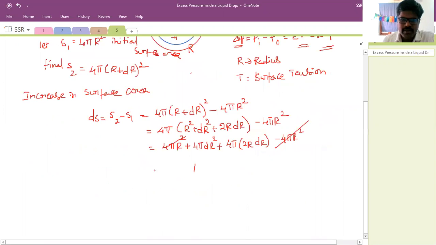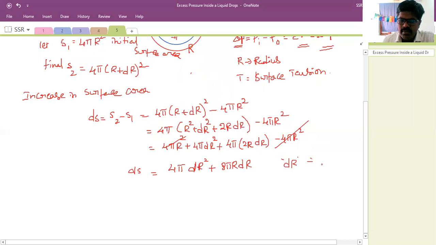The remaining, the increase in surface area dS, is 4 pi dr square plus 8 pi r dr. See, dr is very, very small, an increase in radius.